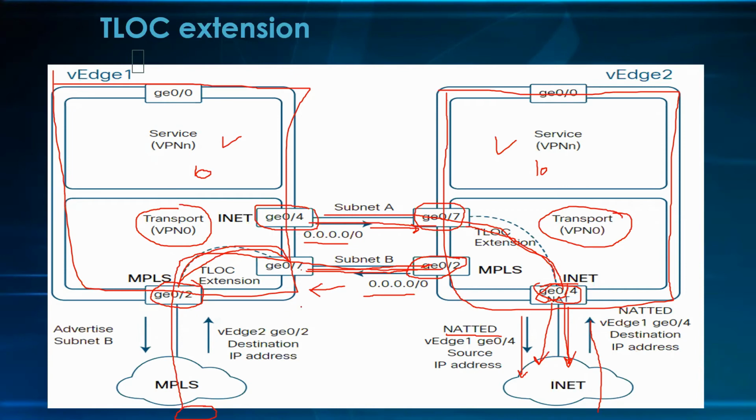Now, how is the MPLS being routed? With the TLOC extension, the MPLS is basically my private network, right? On the MPLS, I can advertise my private subnet. So here what I'll do is, let's say I have configured 192.xyz. I am going to advertise this inside the BGP which I'm running here, to advertise this subnet, right?